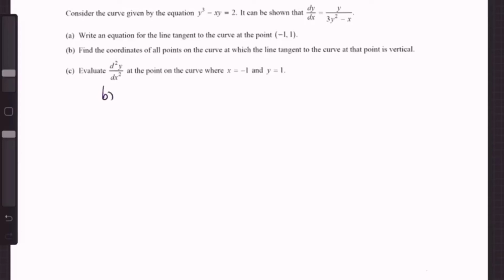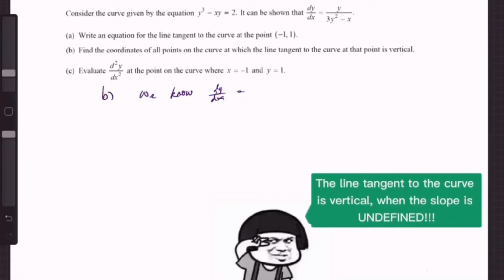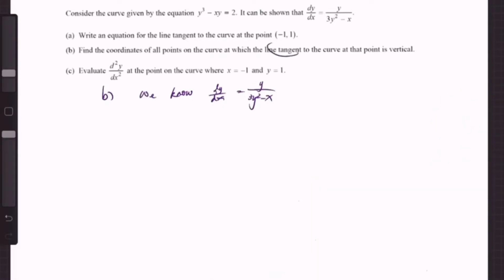Part B. For part B, you need to ask yourself, when will the line tangent to the curve be vertical? The line tangent to the curve is vertical when the slope is undefined. Yep, you're right. So the key to solve this problem is to set dy/dx to be undefined, which is setting 3y squared minus x to 0.